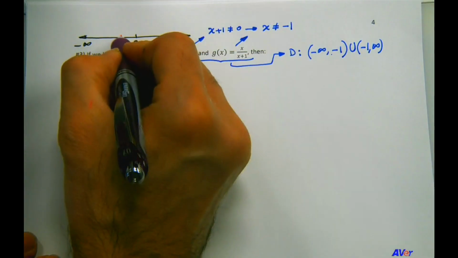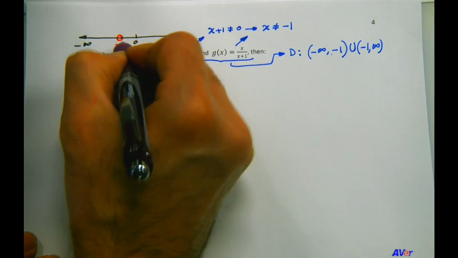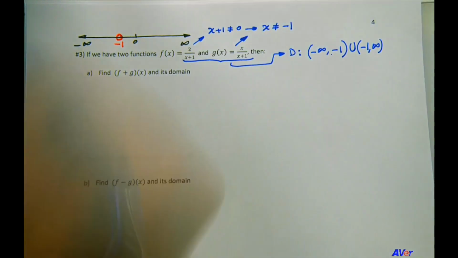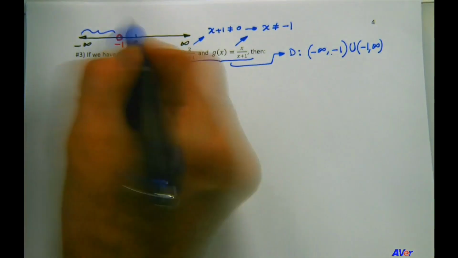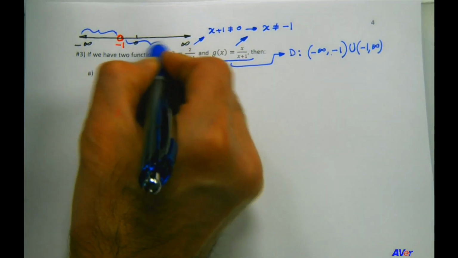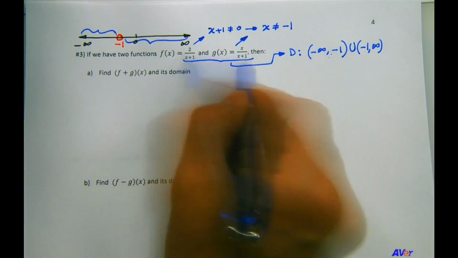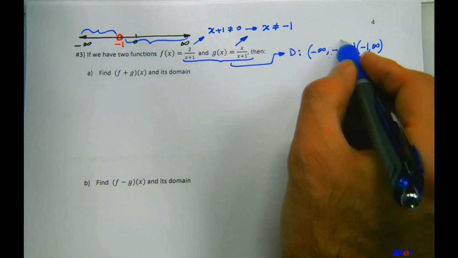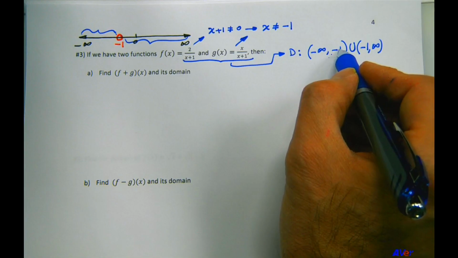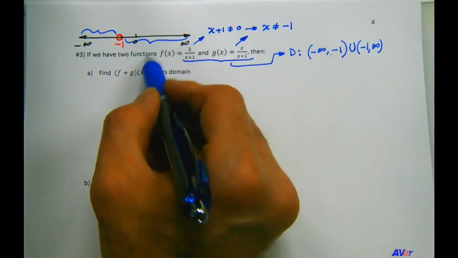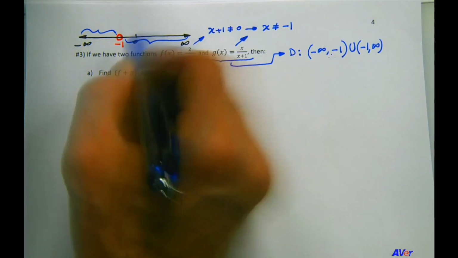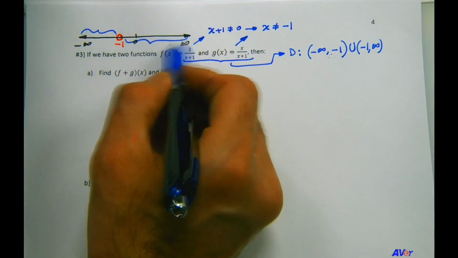That would be somewhere here. Let's put a hollow circle right there, negative 1. So we're excluding this from the domain. What's left is this piece and that piece, right? So the domain that you see here for both of the parent functions is that. Negative infinity to negative 1 is that. And of course, the parenthesis means -1 is not included in the domain, which we just determined why it should not be included, right? It'll make the denominator 0. And the other piece is right after -1 all the way to positive infinity, which is that.